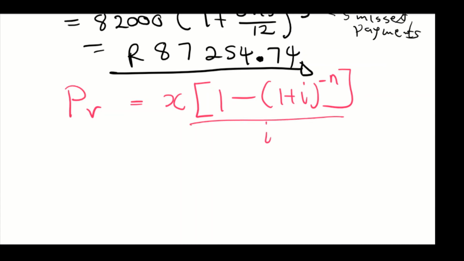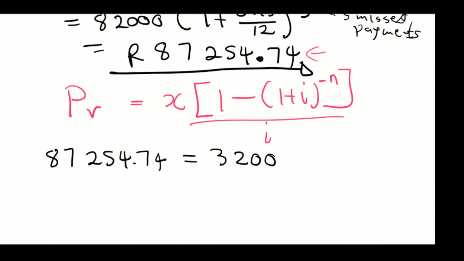And the loan is this one here, which is 87,254.74, right? Equals to, and then she made payments of 3,200 every month.